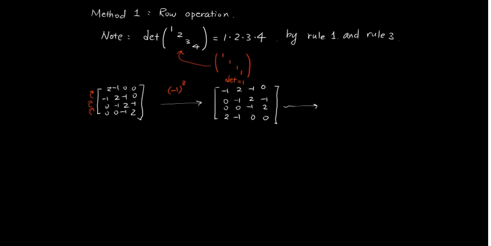And then you can do some type 3 row operation. You multiply by 2 and then add it to here. And this does not change the determinant. So that's nice. After doing this, you get the same thing, except the last row becomes like this.